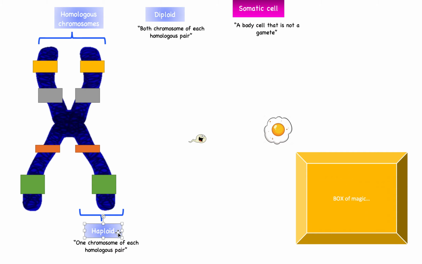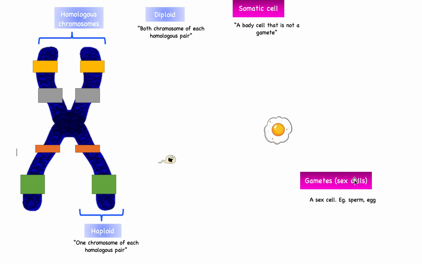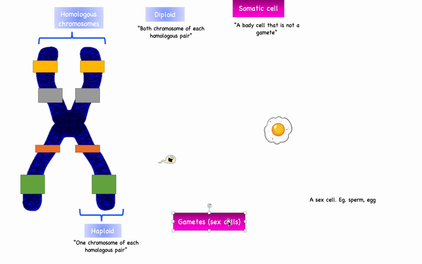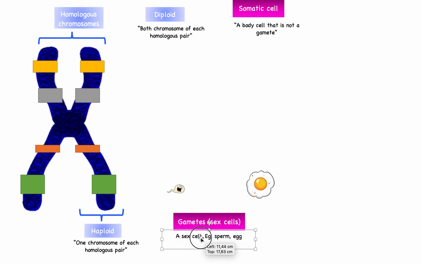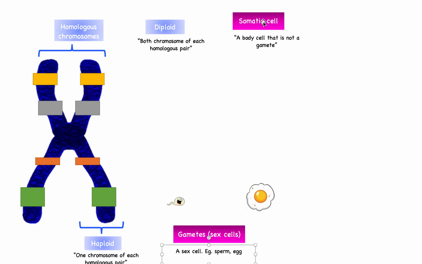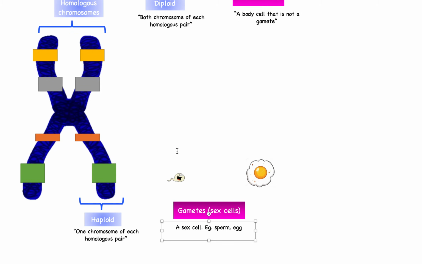That'd be crazy. So it makes sense that your gametes, the science name for sex cells, so egg and sperm, are haploid, since when they combine they form a diploid, which is what your somatic cells, all your body cells, are made of.